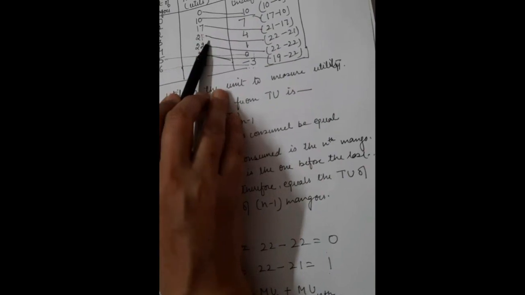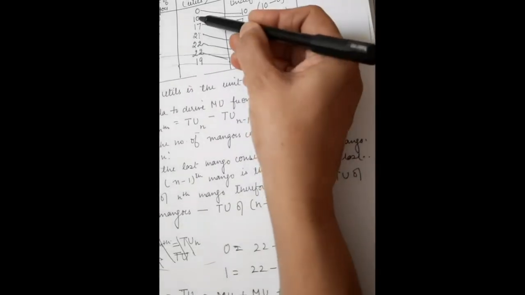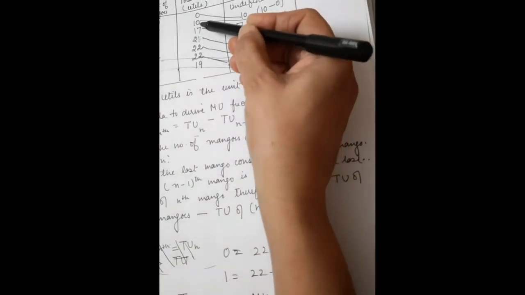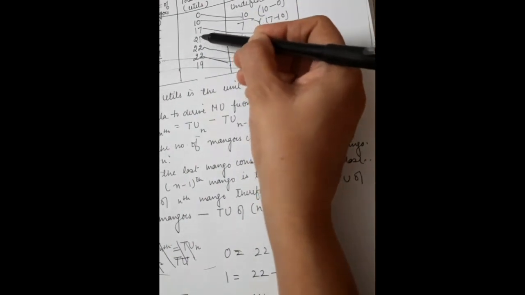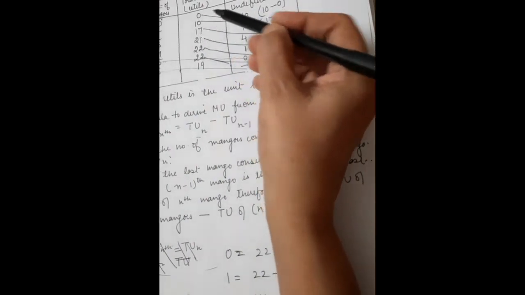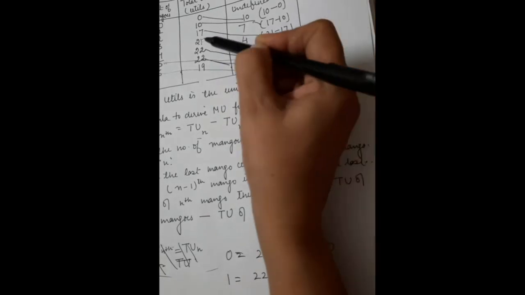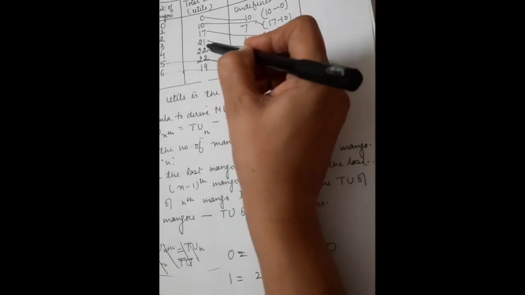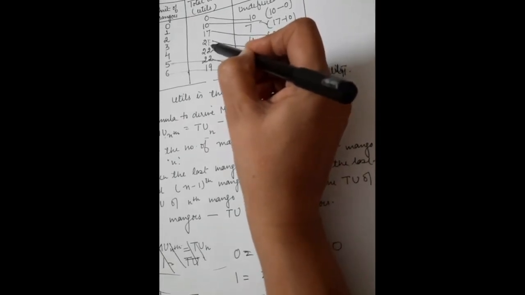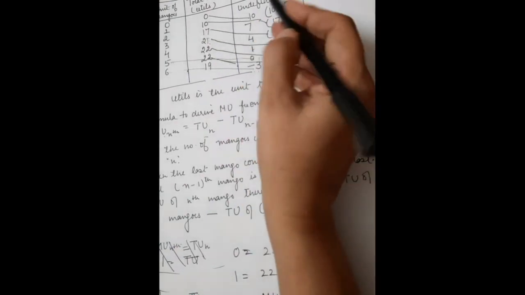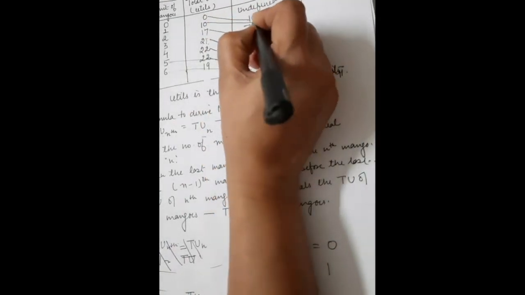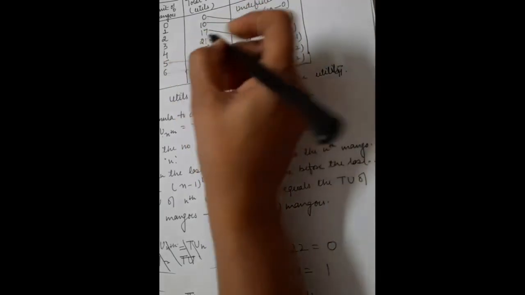It can be found out by adding the marginal utilities of the first 3 units, that is 10 plus 7 plus 4. Understood? 10 plus 7 plus 4 is equal to 21. Is that clear? This is how you can derive the total utility from the marginal utility.